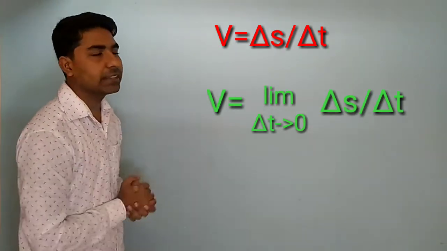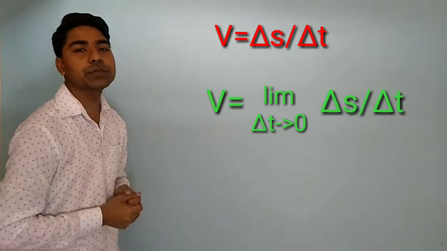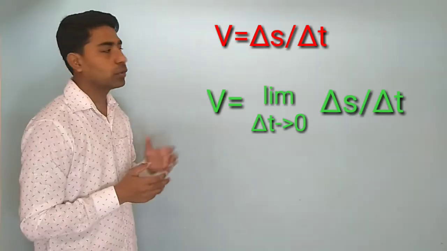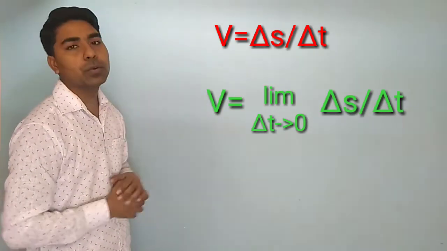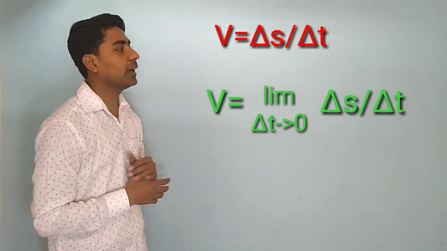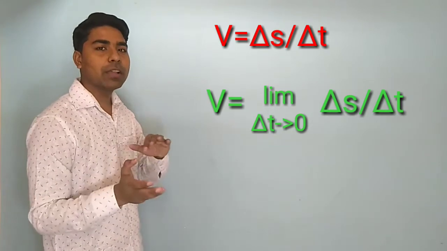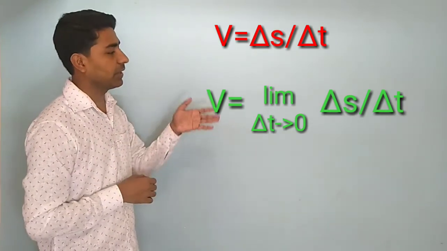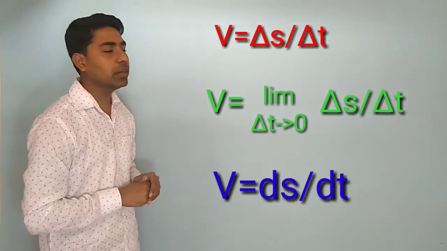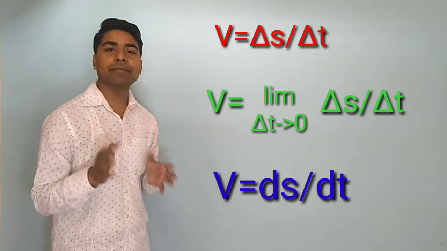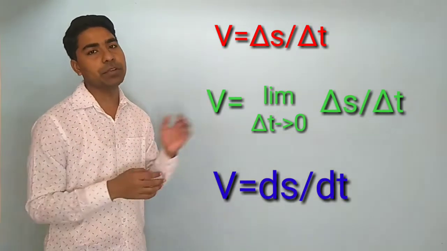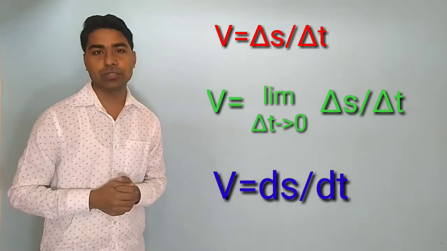And instead of writing this in this form, we will use which form? The calculus method. So v is equal to limit delta t tending to 0 of del s upon del t. Now using the calculus method, this v will be equal to ds upon dt. So if the time is very small, then you will use this method. This is called the calculus method.